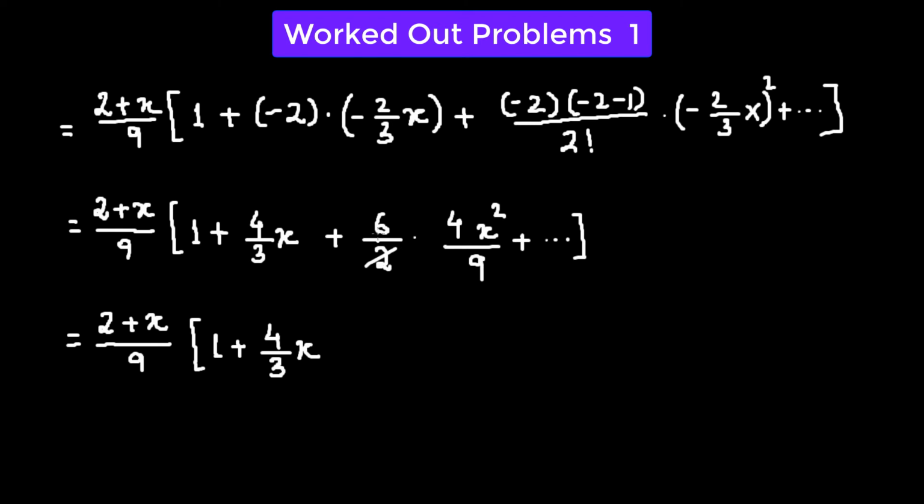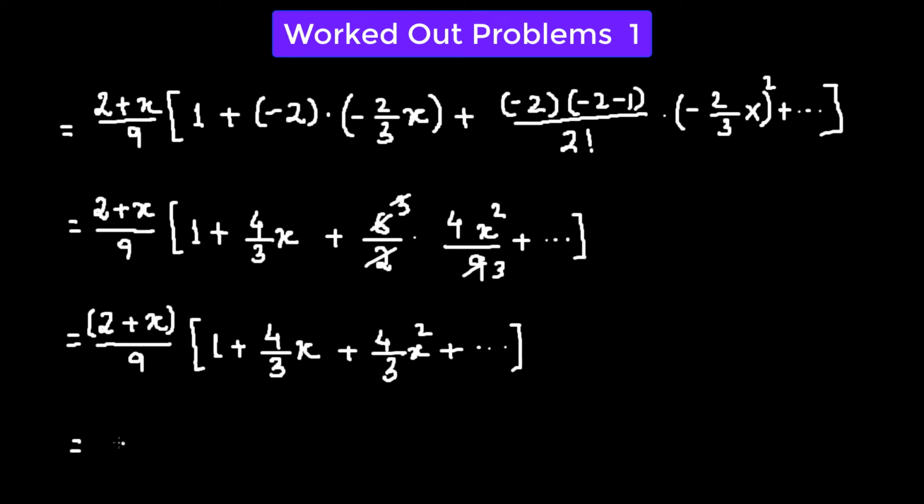So 2 and 6 divided by 2 will give us 3. Then we have 3 times 3 is 9. So finally we'll have 4 over 3 x squared plus the remaining terms. Now we're going to multiply the first expression, which is 2 plus x, to the 3 terms.